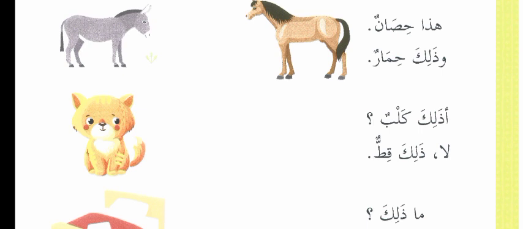Like this we use in Arabic أذلك كلب. Kalb means dog. So here they want to prove that that is a dog. أذلك كلب, is that a dog? لا, la means no. ذلك قط, that is a cat.